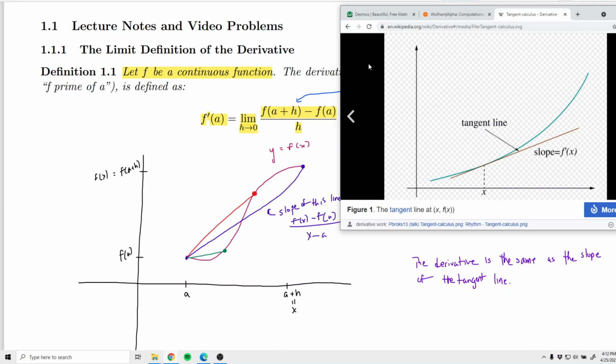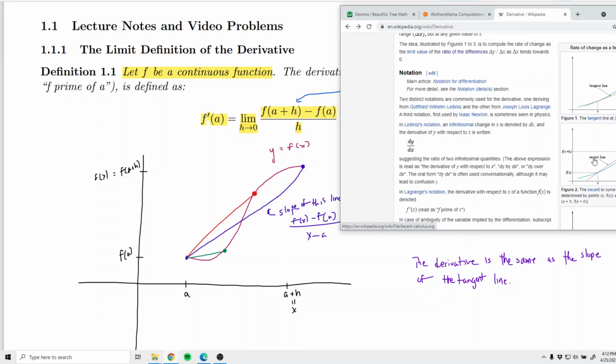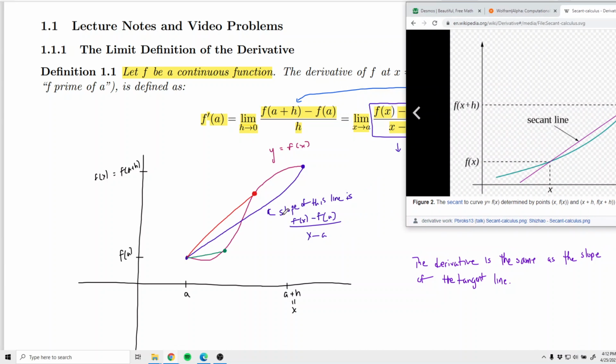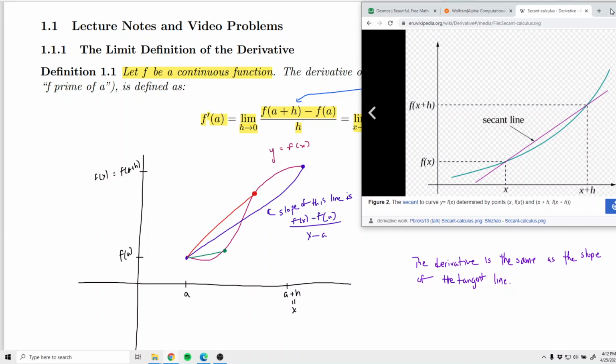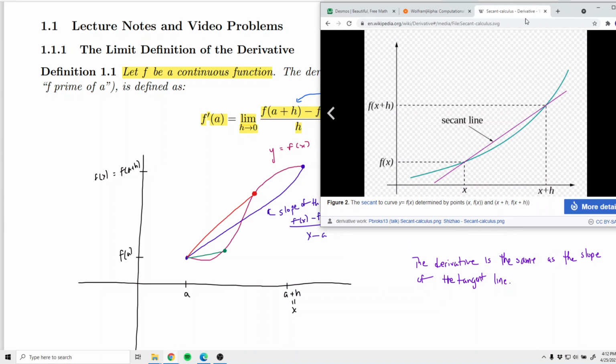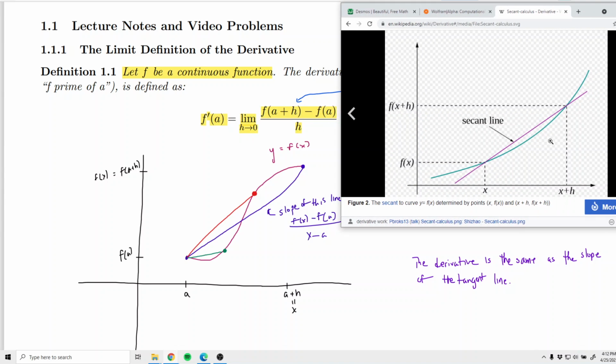Now, when you're not at the tangent line yet, you actually do have a name. All these lines that I drew, the purple one, then the red one, then the green one, do have names as well. They're not as often referred to, but in case you see it, it's called the secant line. The secant line is just a line from a graph where you connect 2 points in a straight line.